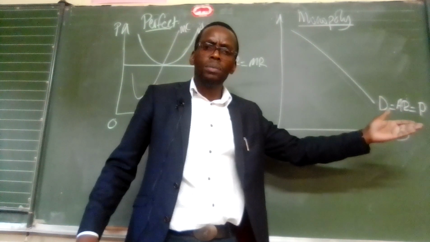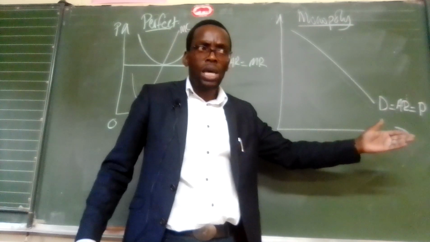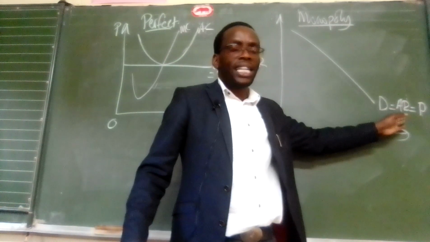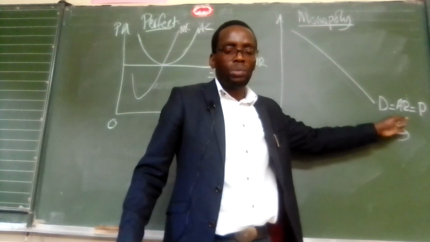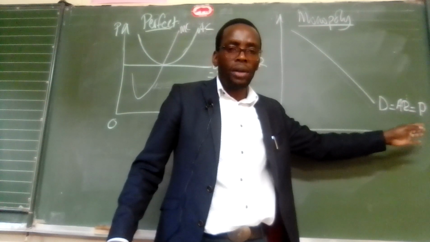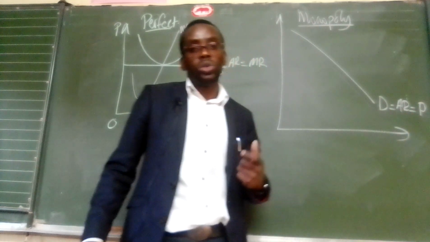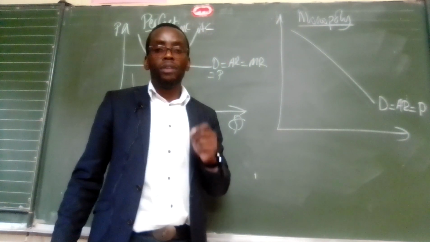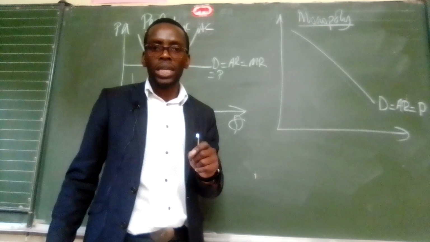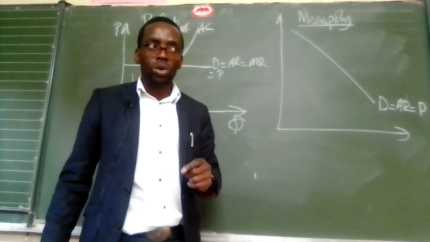And precisely so, because we get our average revenue by dividing our total revenue by the quantity. So whatever answer that we get is obviously going to be equal to the price.